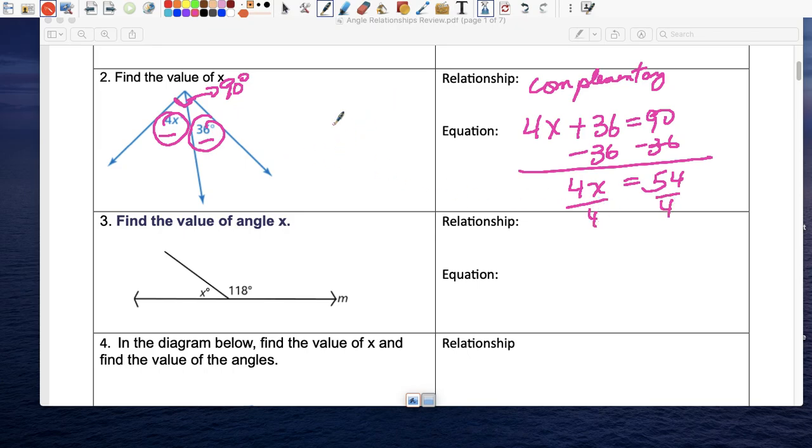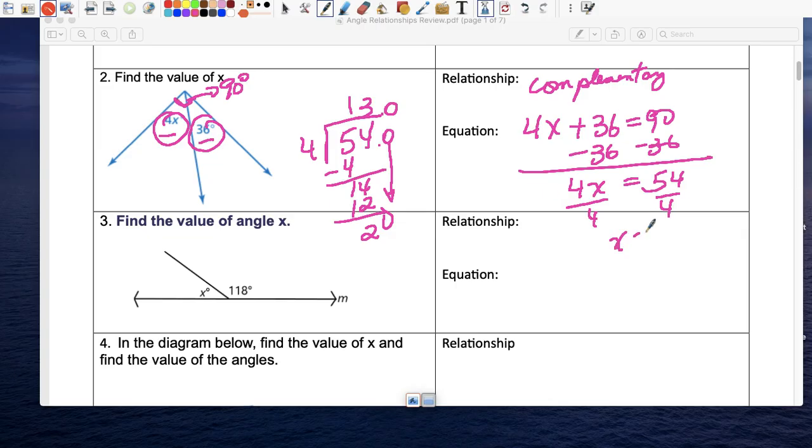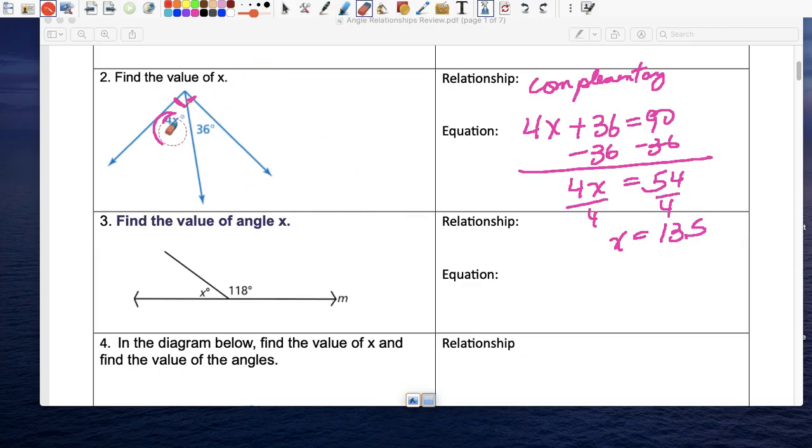I'll just work it out over here because I don't have a calculator. 4 into 54: 1, 4, 14, that's 3, 12. And then we bring a 0 down. So x equals 13.5. They just said find the value of x, so if this was a quiz question, it would be done. But I'm just going to plug this in and see what I get.